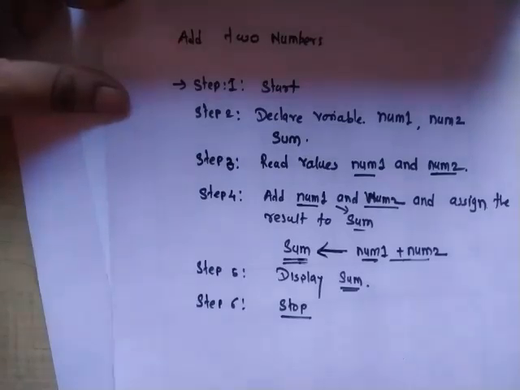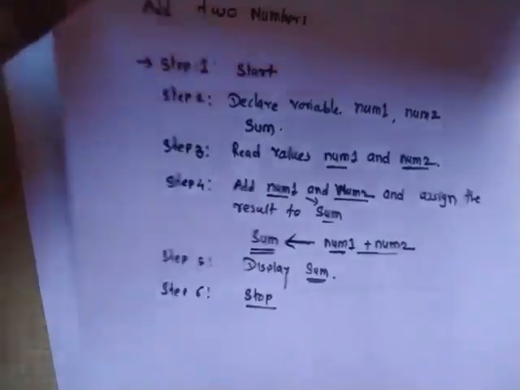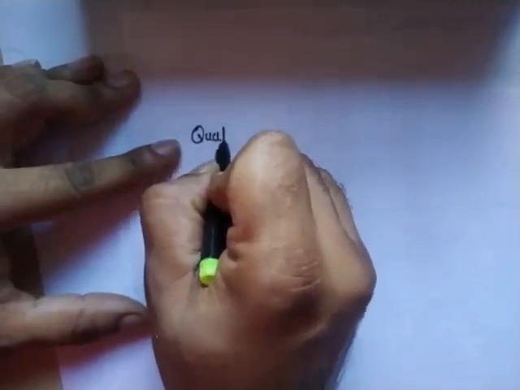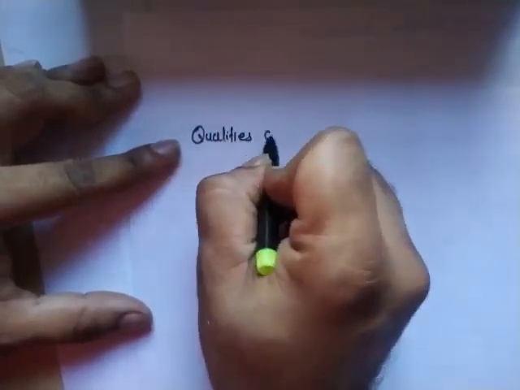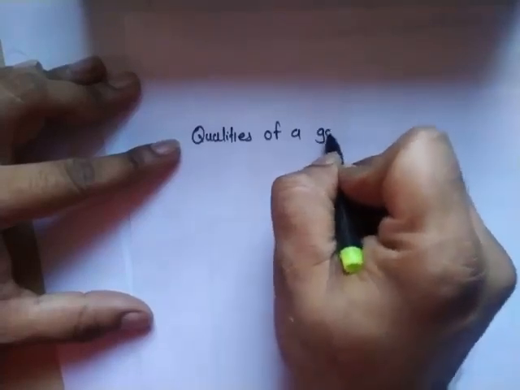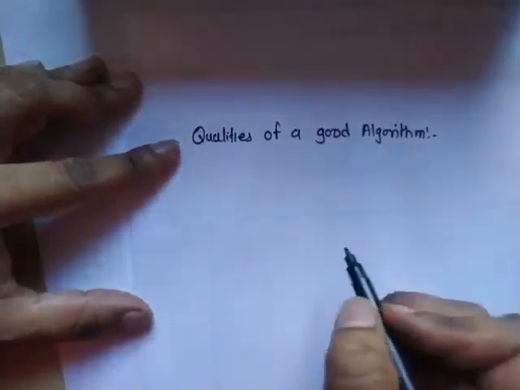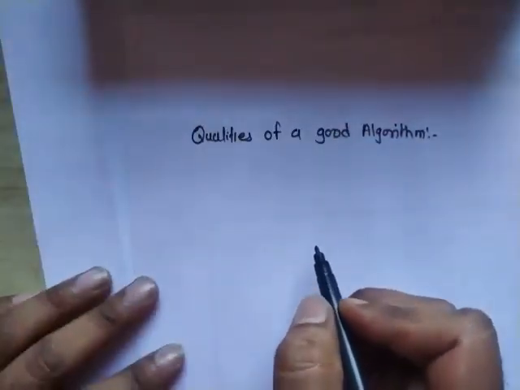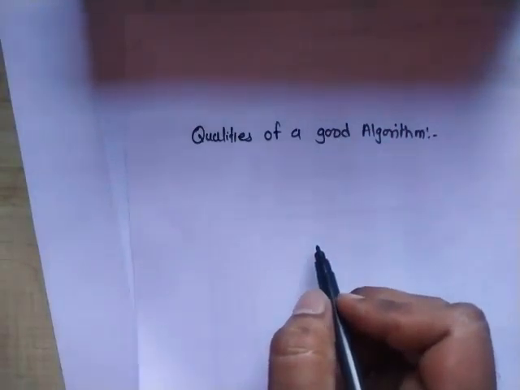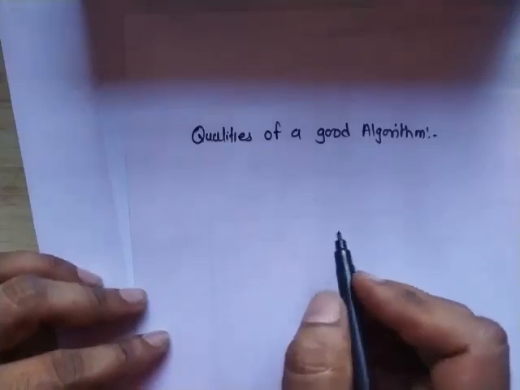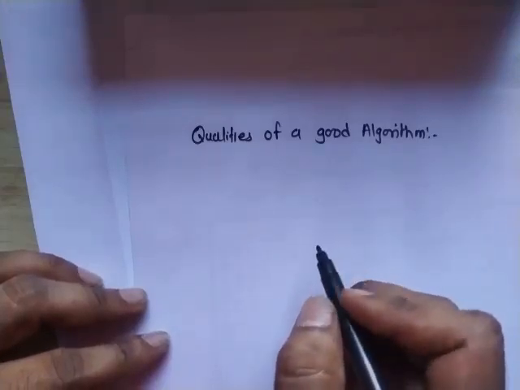Now we are going to see the qualities of a good algorithm. What quality does every programmer expect from a good algorithm? The most important, an algorithm shouldn't include computer code.